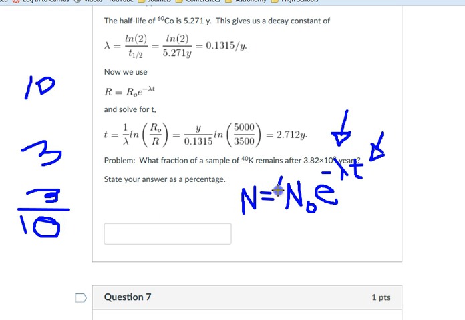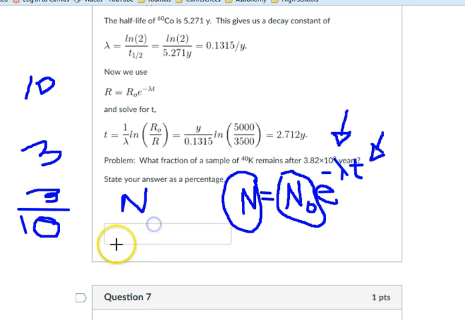So we start off with N naught potassium atoms, and after time t we have N left. So the fraction we have left is N over N naught. And then you just convert that to a percentage by multiplying by 100.